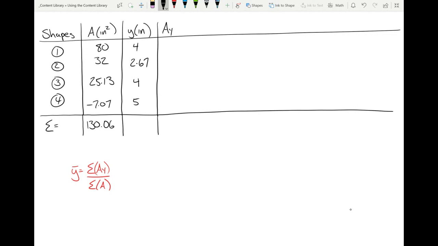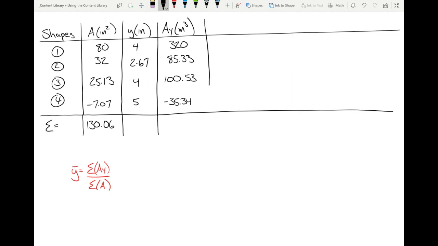So AY, right? 80 times 4, that's 320. 32 times 2.67, and you can follow along with me as we do this. You should get something like 85.33, 100.53 for this, and then this one is negative 35.34.